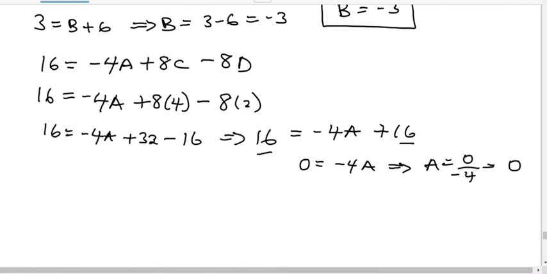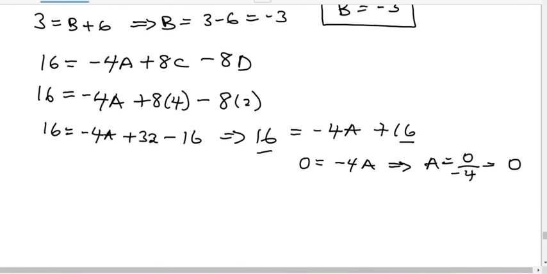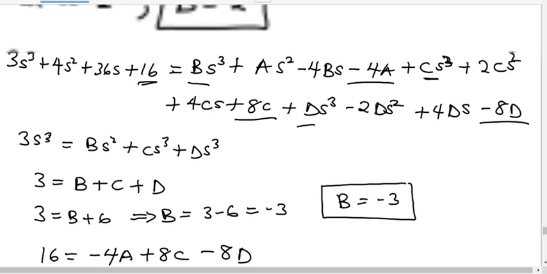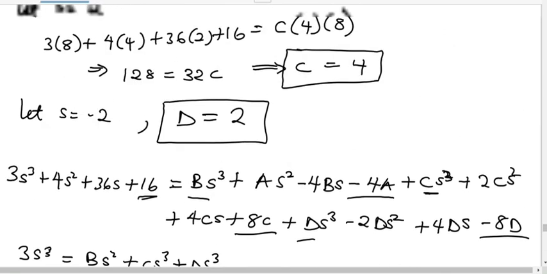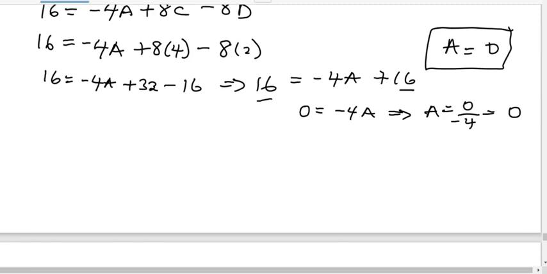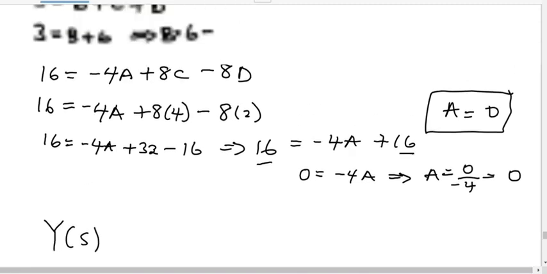So we now know what all the values are. a is 0, b is negative 3, c is 4, and d is 2. And with that, recall that Y of s is what we have here.